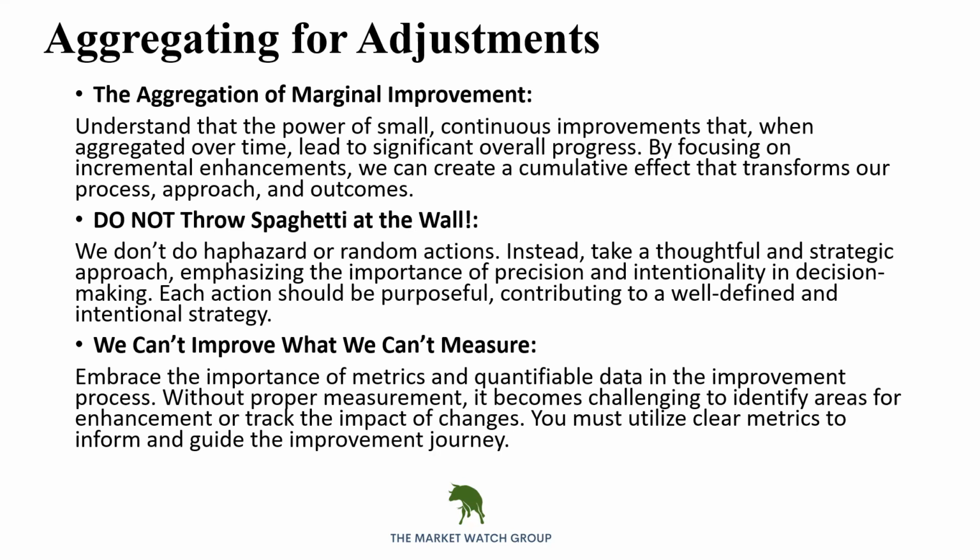Lastly, we cannot improve what we cannot measure, and we cannot measure anything that is random. That is the process that we go through. We first standardize every rule, every routine, everything that we do. Now we have the ability to isolate each component to say, how does this contribute?